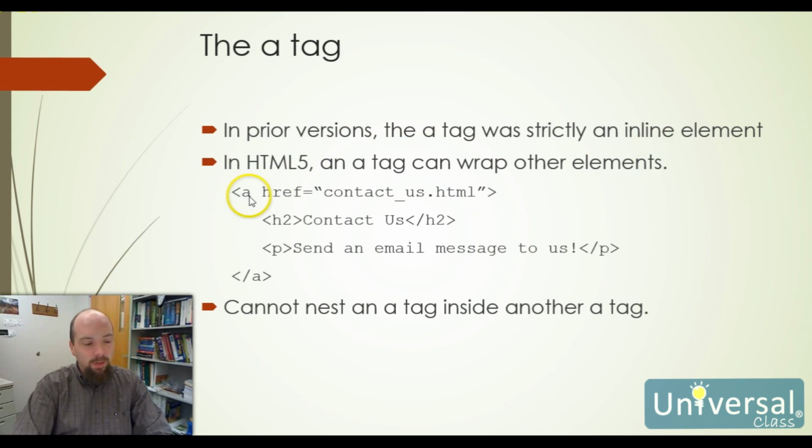I can take my A tag, provide a link, and then put elements inside of it. So I can have an H2 for contact us, send an email message to us, and now this entire thing will be our anchor. That'll be our link. However, the catch is that you cannot put one A tag inside of another A tag. So in this code here in the middle, I can only have one A tag on the outside. I cannot have another one in the middle.